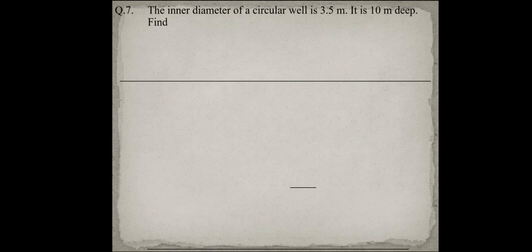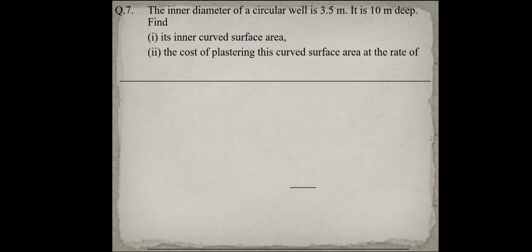Now move on to question number 7. The inner diameter of a circular well is 3.5 meter. It is 10 meter deep. Now you need to find its inner curved surface area and the cost of plastering this curved surface area at the rate of rupee 40 per meter square. So this well means this is a कुआं.